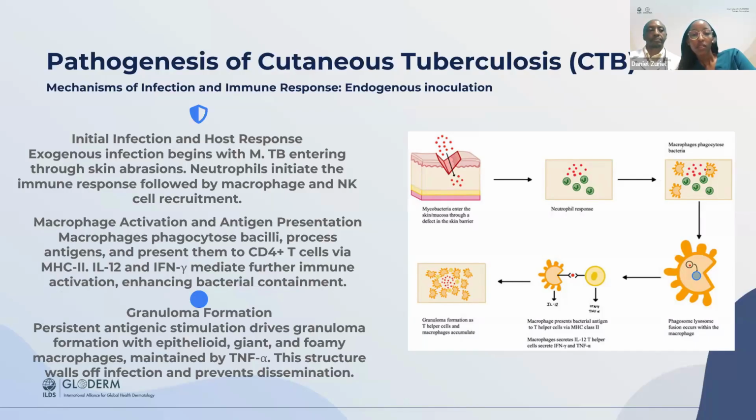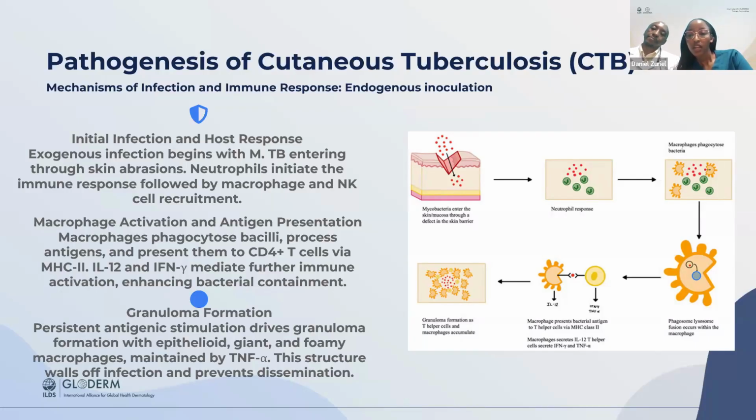So first you will have the initial infection, and when you acquire the infection exogenously through a break in the skin, the first responders tend to be neutrophils, because they are non-specific immune cells, and they will initiate the immune response and recruit macrophages, which play a very key role in the pathogenesis of the disease.